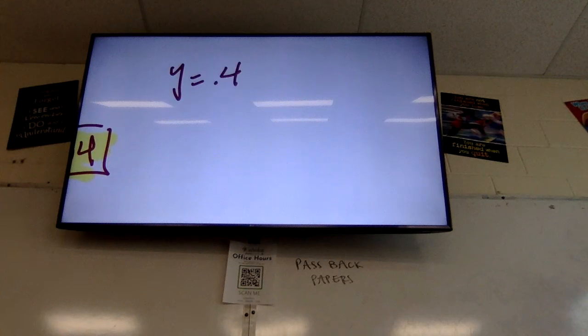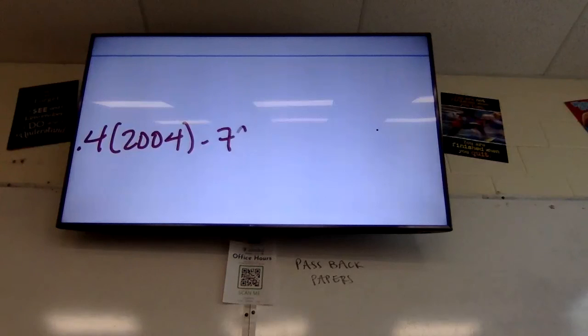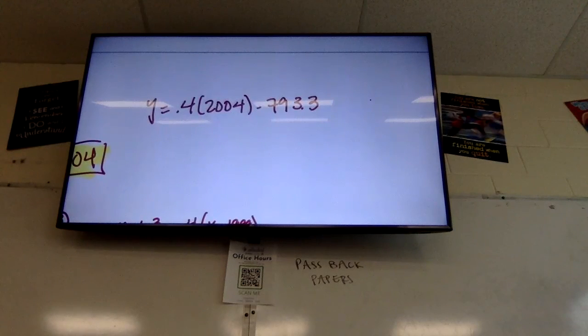Y equals 0.4 times 2004 minus, I think it was 793.2. All we have to do is simplify it to get Y. 0.4 times 2004.